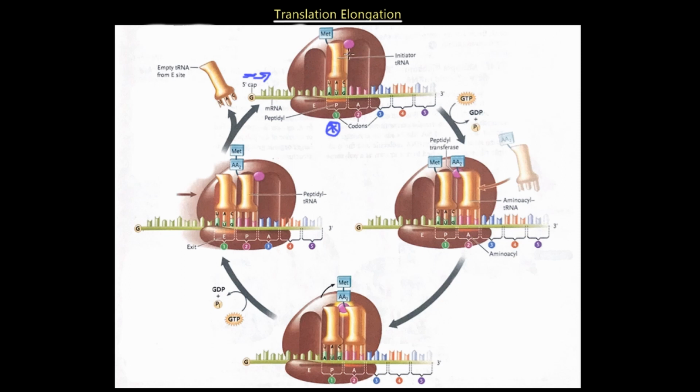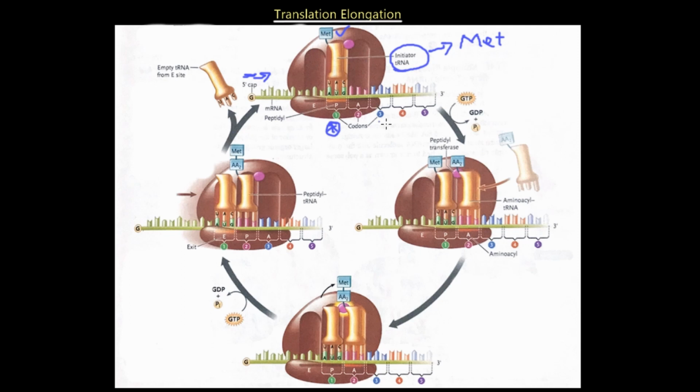And of course, it's already going to have the initiator tRNA, which has methionine. As you can see here, it has the methionine. And it's going to scan. Oh, great, it finally found the Kozak consensus sequence, where it has the AUG start codon, and it's going to begin its translation.